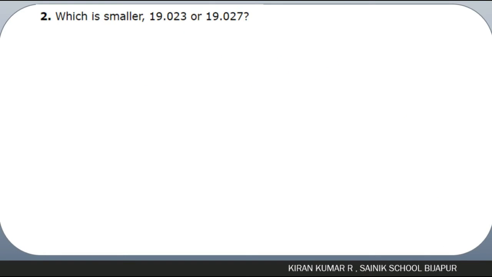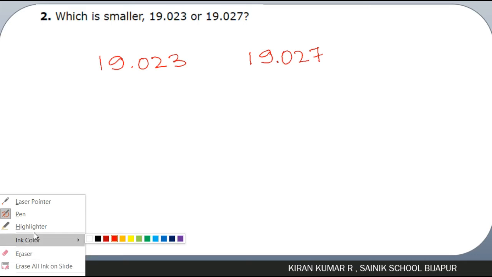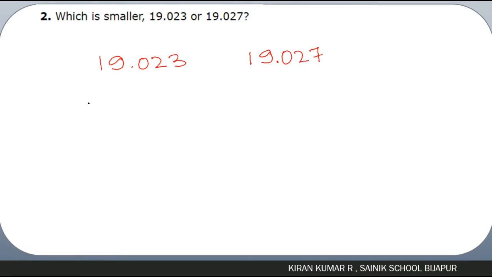Second question, which is smaller among 19.023 or 19.027? Here I'll write the numbers again: 19.023, 19.027. When we have a look at the integral parts, they are the same.